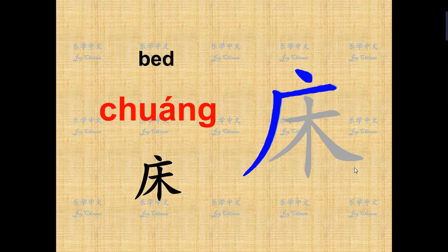Because the bed is usually made of wood in ancient time. And even right now, most of the beds are made of wood. So it has a wood, a tree on here. So the first stroke, second, third, and last. It means bed, 床.